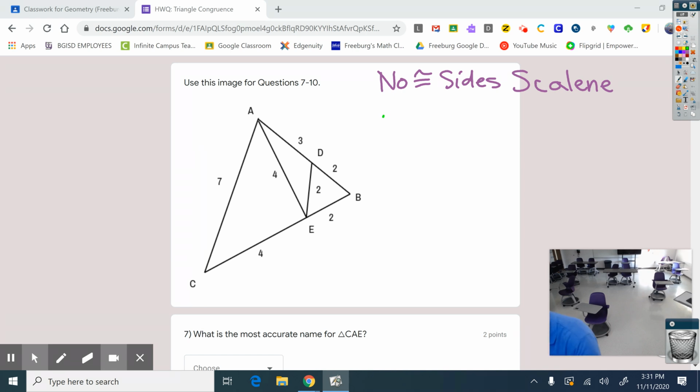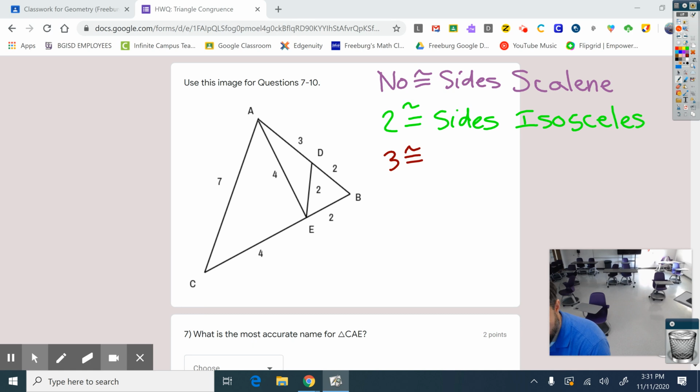If we have two congruent sides, then we're going to call this isosceles. And if we have three congruent sides, so all three sides are congruent, then we'll call this equilateral.